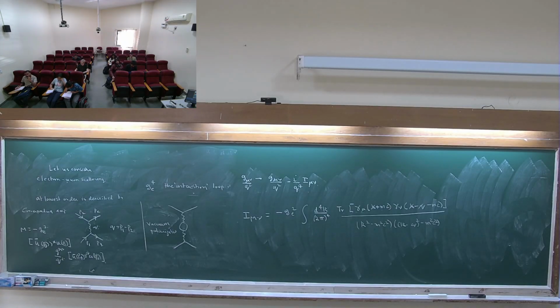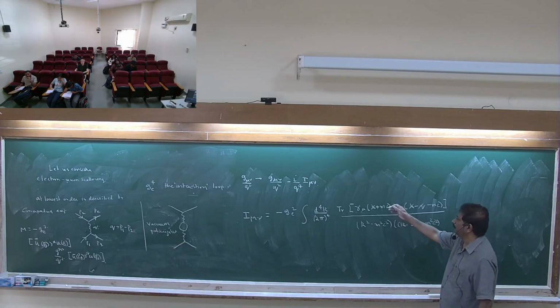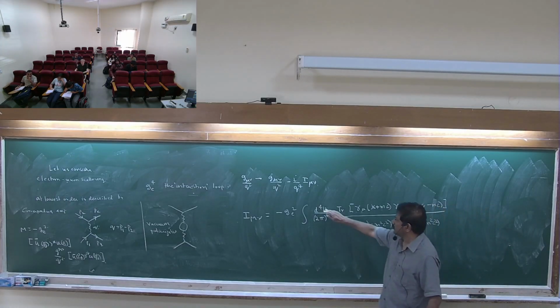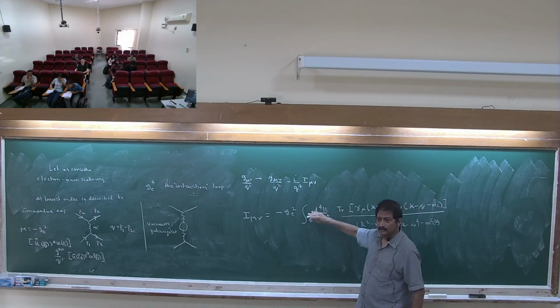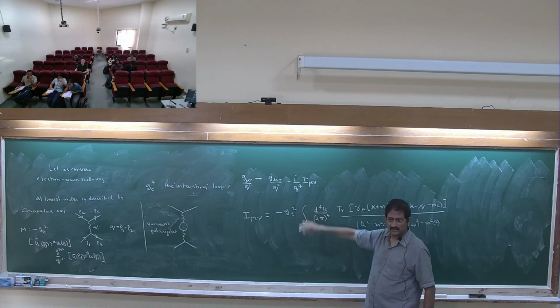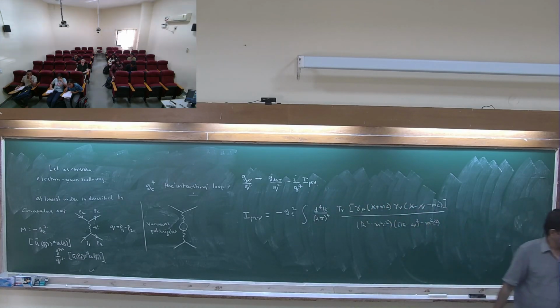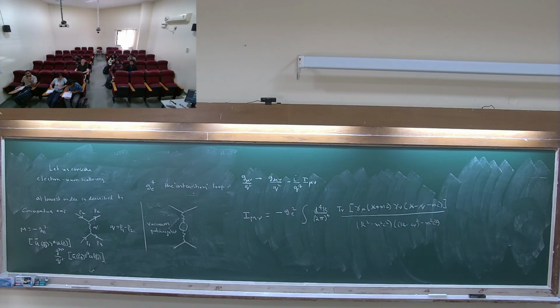Now look at this and you tell me how badly divergent this is, because there's an integral all the way from 0 to infinity. Now somebody have a look at this and tell me what the naive degree of divergence of this particular object is. Here, take a chalk, go and estimate it for me.